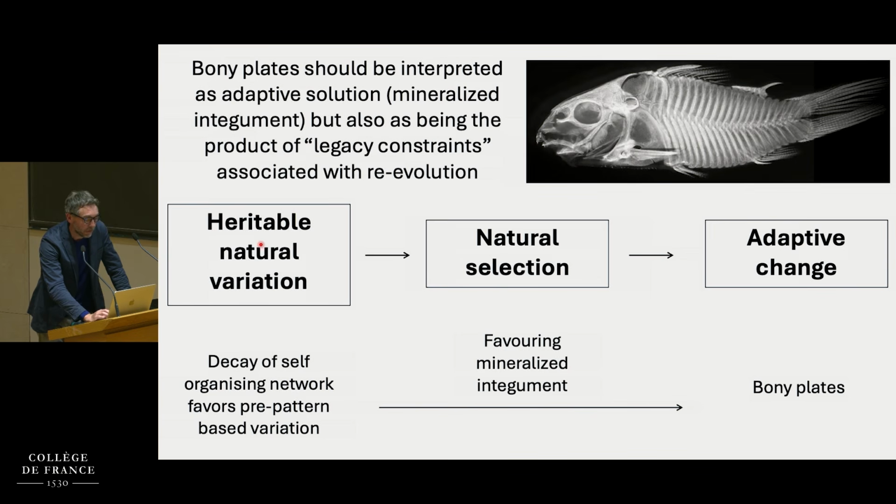So if we put it together in those boxes, we have bony plates partially as an adaptive solution, but they're strongly influenced by how the heritable natural variation would have been created, because it's much more likely that the natural variation created relies on this pre-pattern because of the decay of the self-organizing network that normally specifies the scales. Good.